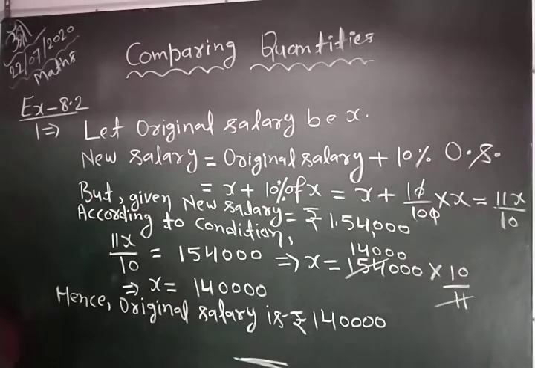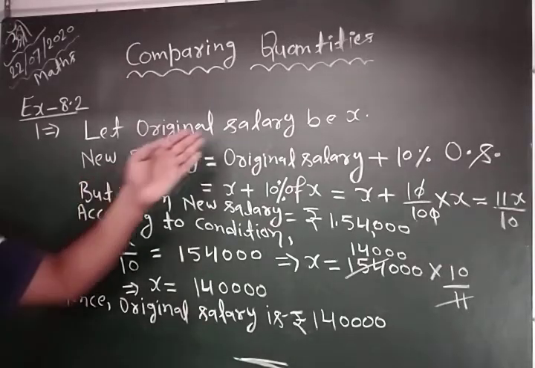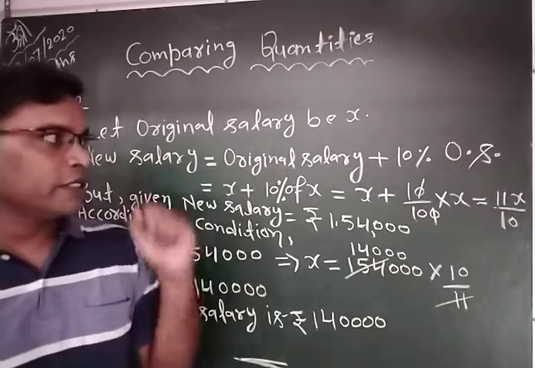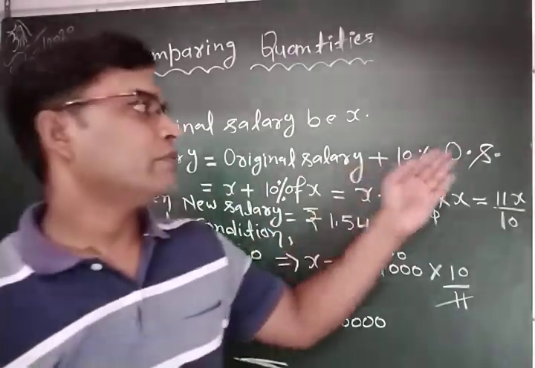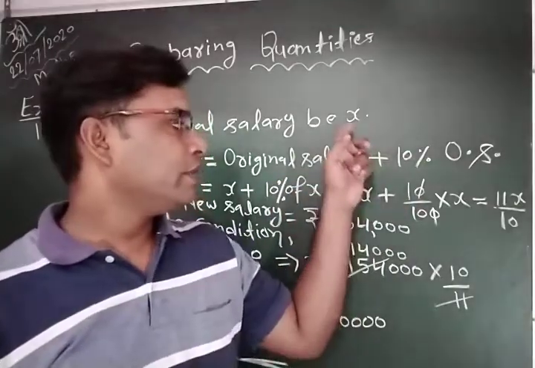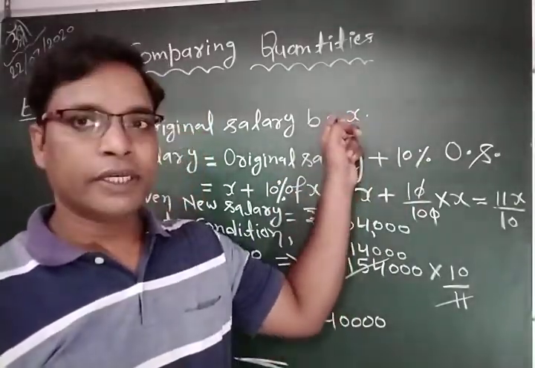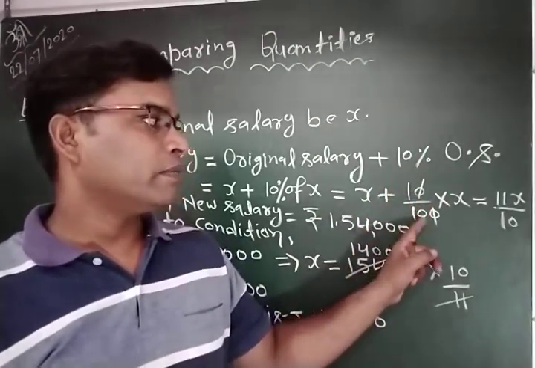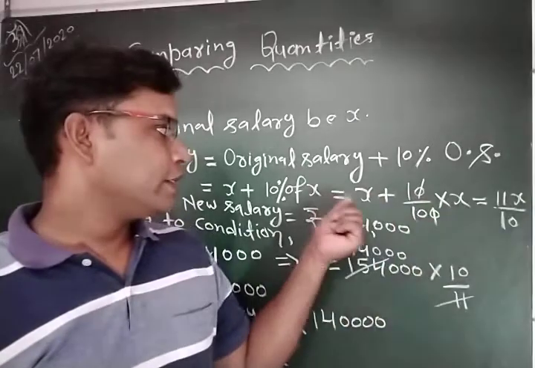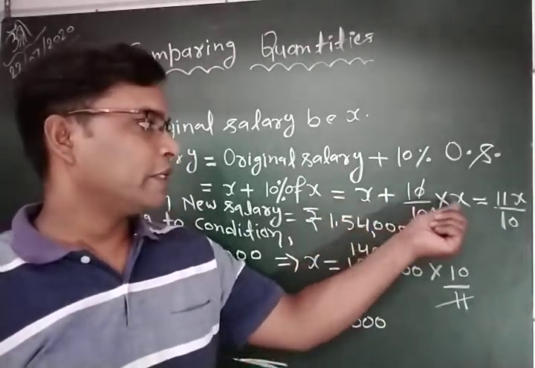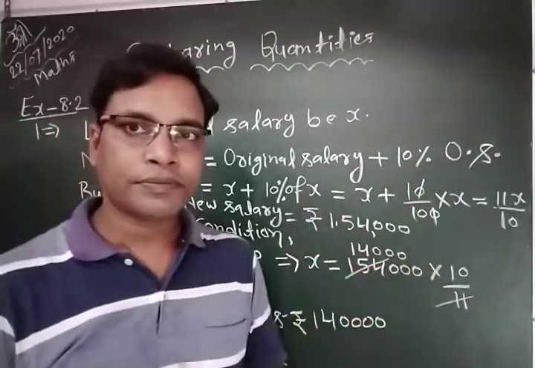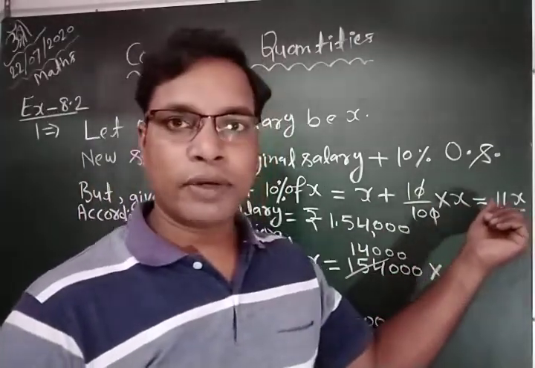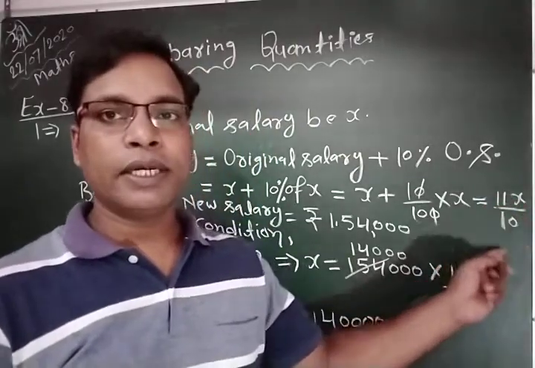After this we find the new salary according to our assumption. New salary is equal to original salary plus 10% of original salary. And 10% of original salary is equal to 10 by 100 into x. This is the increment of 10%. So in this way we find the new salary according to our assumption is 11x by 10.